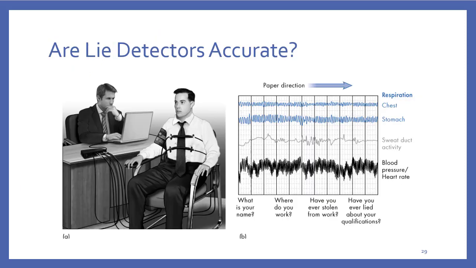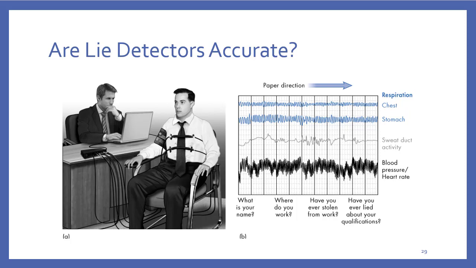Now that we talk about the physiological and biological indicators that we have some kind of feeling, one of the questions that we need to think critically about is: are lie detectors accurate? This is not an uncommon setup for somebody doing a lie detector.